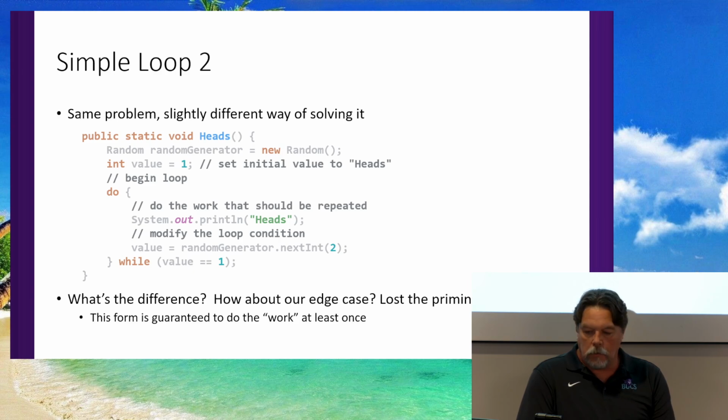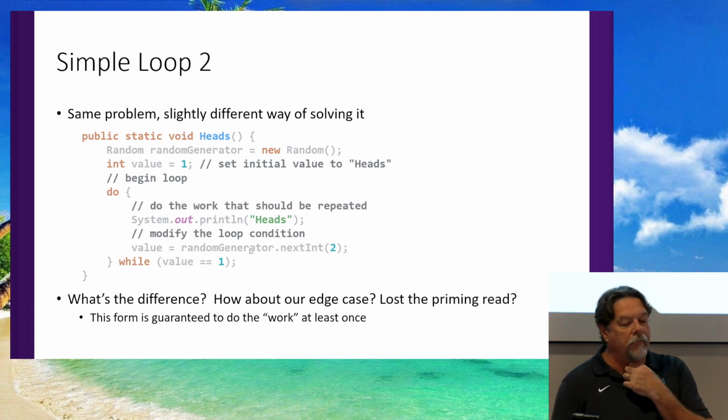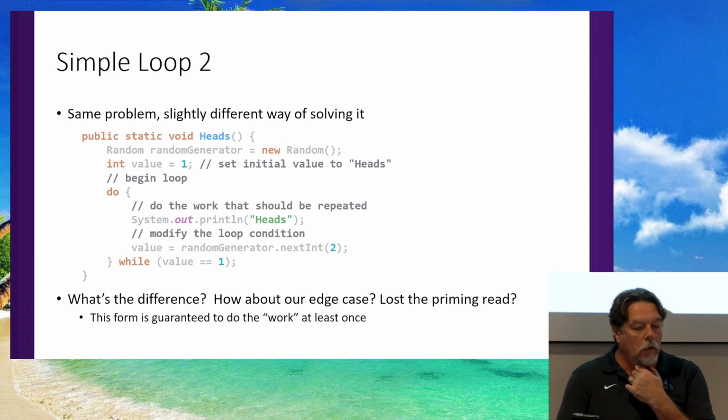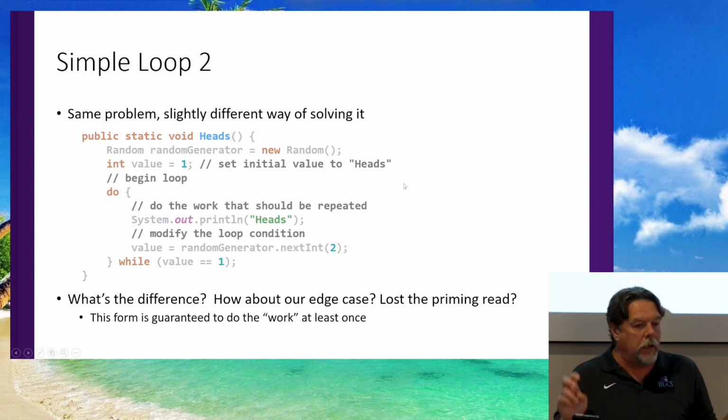The priming read is gone, right? I only have that line of code once here inside the loop. I've set it to an initial value just so it's not uninitialized. That's fine. But I didn't have to do a priming read.